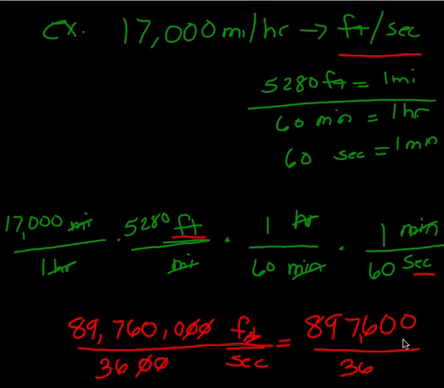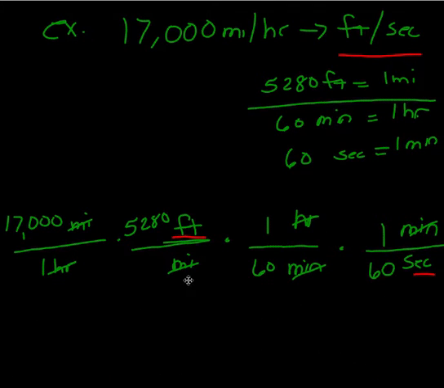Of course, when I divide that out, I'm going to get the answer. I need to make a little room, so I'm going to erase this. When I divide that out, I get the answer, 24,933 feet per second.